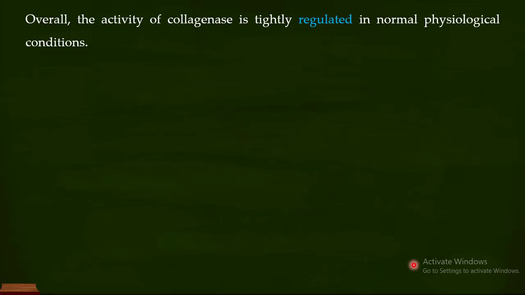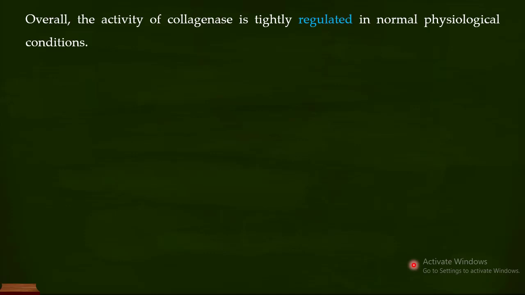Now, overall, the activity of the collagenase is tightly regulated in normal physiological conditions, because if the collagenases were released all of the time, they would degrade the collagen all of the time, and that would affect the normal physiological functions of the cell. If the cells are not stable, not actively bound to their extracellular matrix, a lot of normal physiological functions are going to be affected. So the activity of the collagenase is tightly regulated.